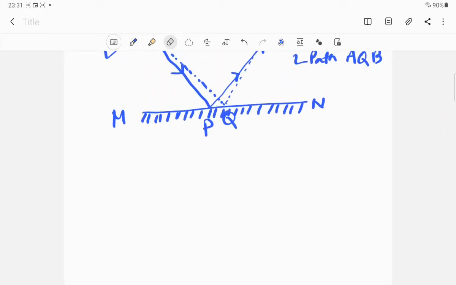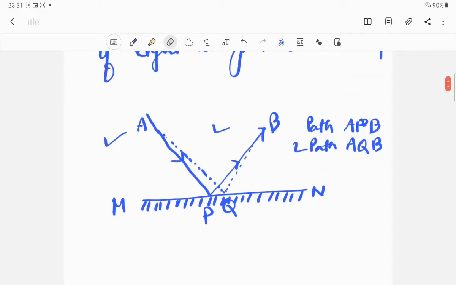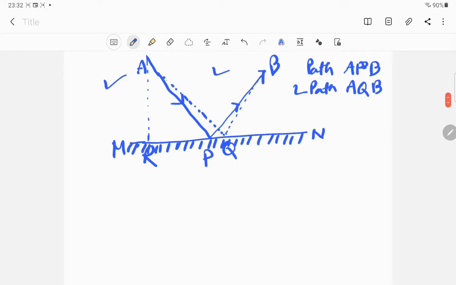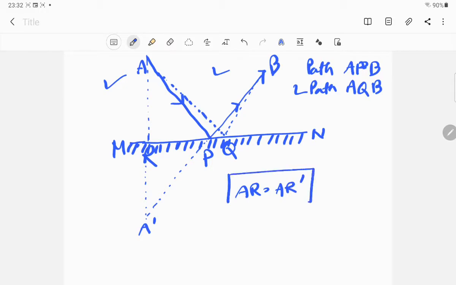So for that step, we will consider a normal. We will drop a normal from A on the plane MN at the point R, and we will imagine drawing it backwards in such a way that AR becomes equal to A dash R. Keep this in mind.